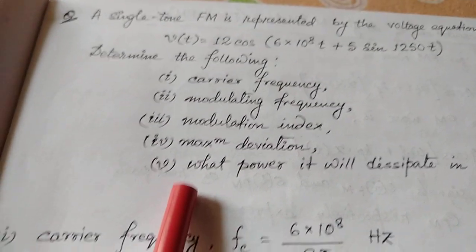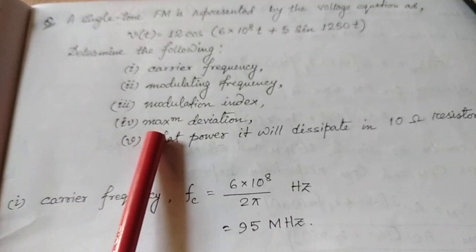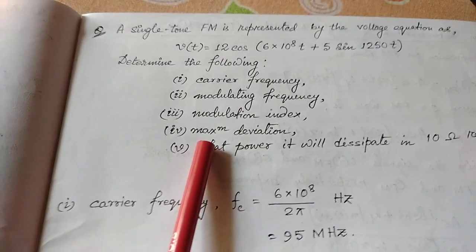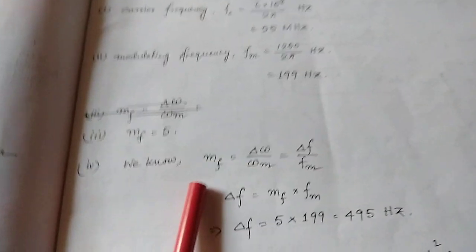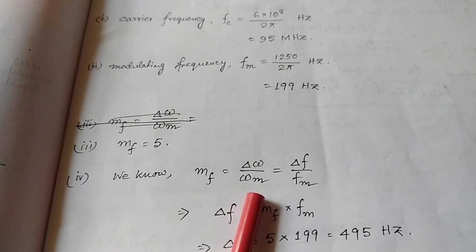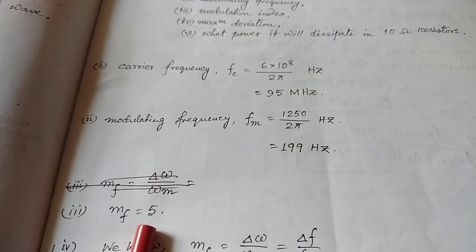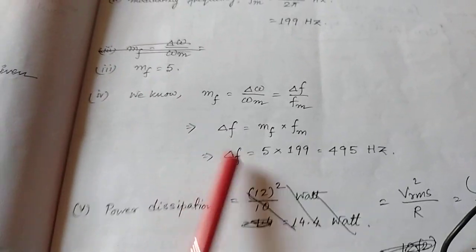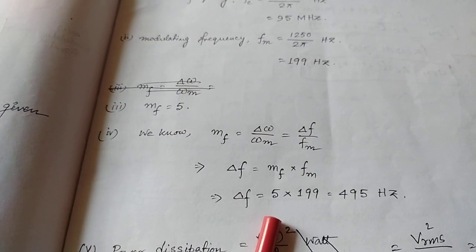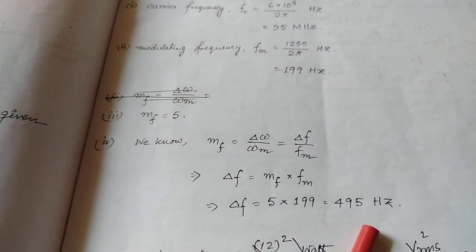Then the maximum deviation is the frequency deviation. mf is Δω by ωm, which can be written as Δf by fm. We know the value of fm, which we have already calculated, and we know mf, so we can easily calculate the value of Δf, which is 495 hertz.